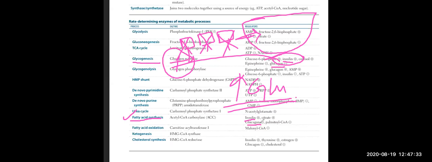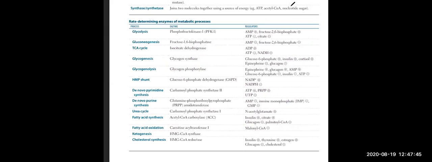For that future purpose, we are synthesizing these fatty acids. You're getting my point? The mechanism of glycogenesis and fatty acid synthesis is different, but the root is the same, okay. The purpose is the same.